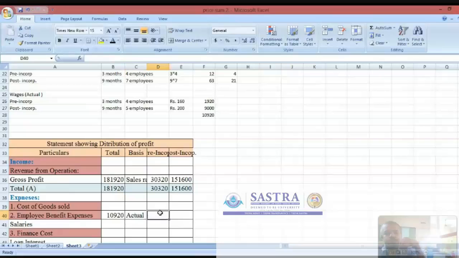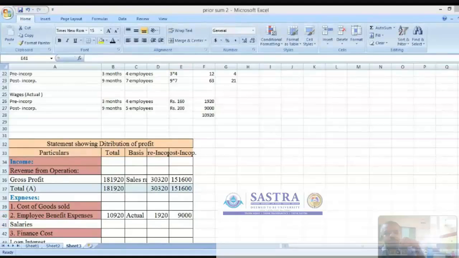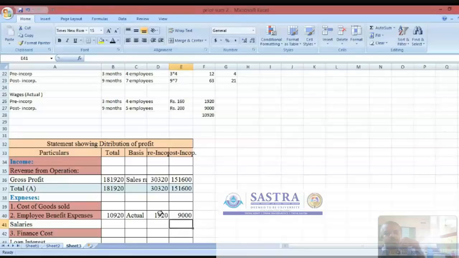Actual value 1,920. Then here 9,000. Then what other expenses do we have? Wages, salary also employee benefit.